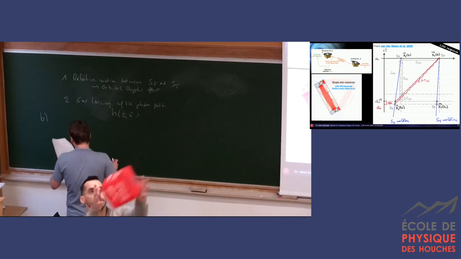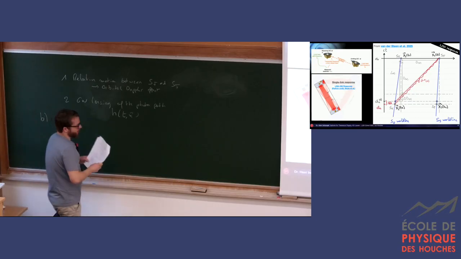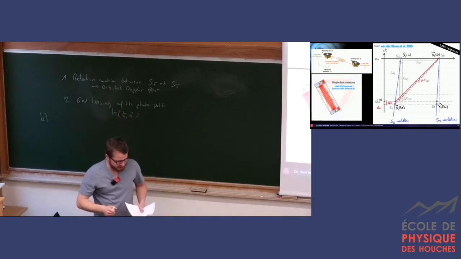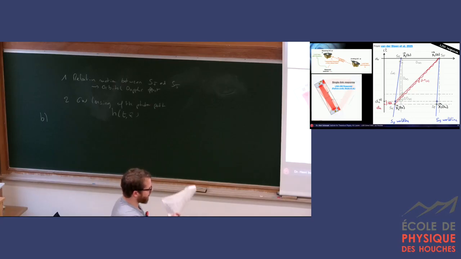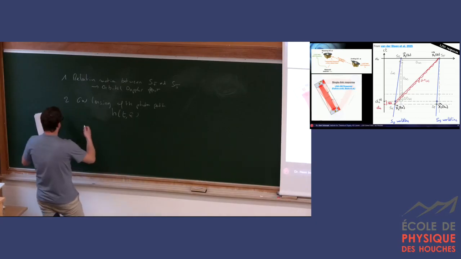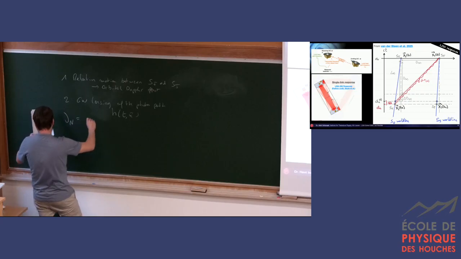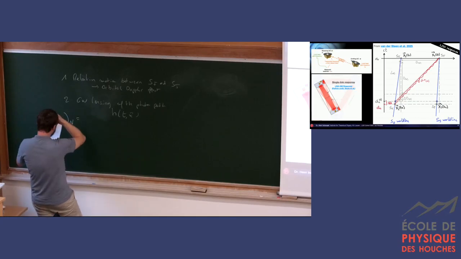Right. So to start with, we're going to give an expression of the observed frequency, the frequency observed by the spacecraft, which has a certain velocity, receiving a photon which has a certain frequency. I could find this in Sean Carroll's book, Spacetime and Geometry.